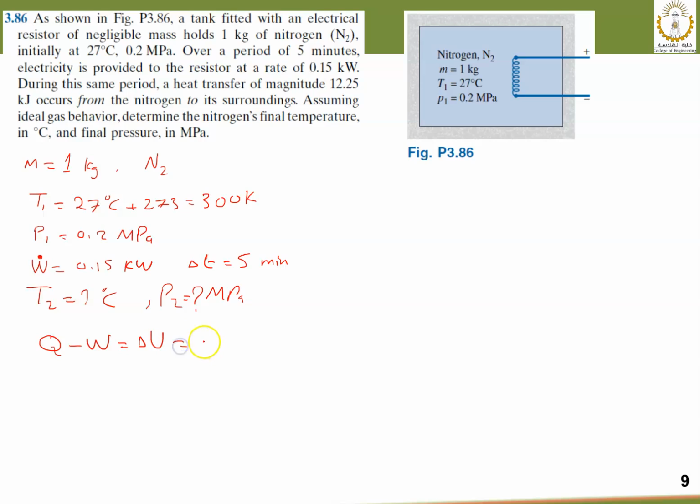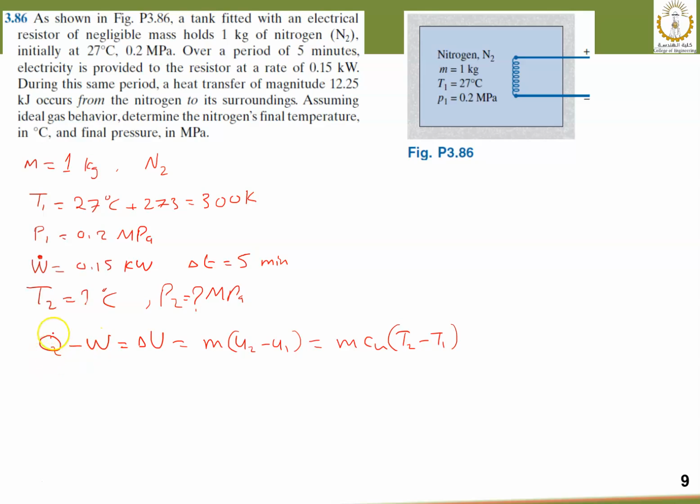So this will equal m times (U2 minus U1), or we can write it as m Cv (T2 minus T1). So let's solve it first assuming constant specific heat, and we use this relation of delta U equals Cv times delta T.